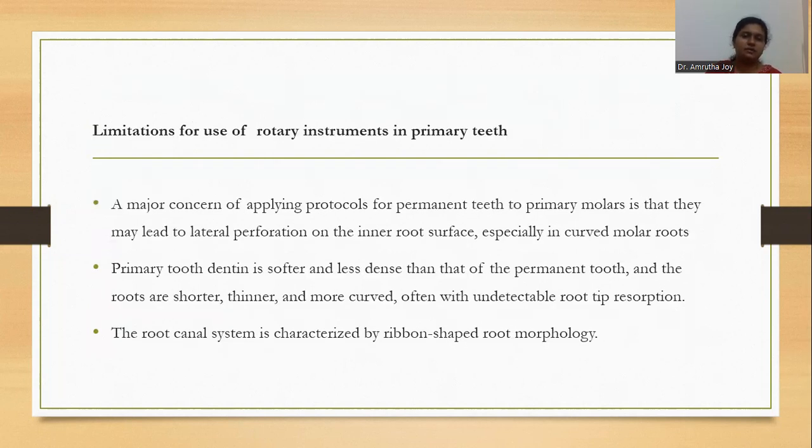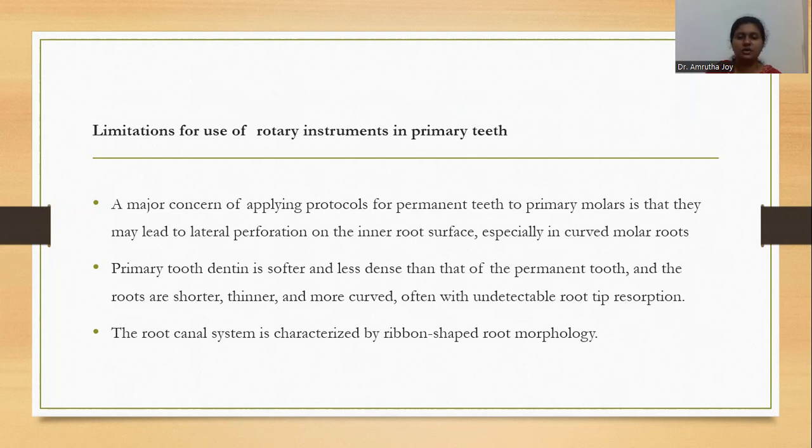Limitations in use of rotary instruments in primary teeth: the major concern of applying protocols of permanent teeth to primary molars is that it may lead to lateral perforation on the inner root surface, especially in case of curved molar roots. And primary tooth dentin is softer and less dense than the permanent tooth.